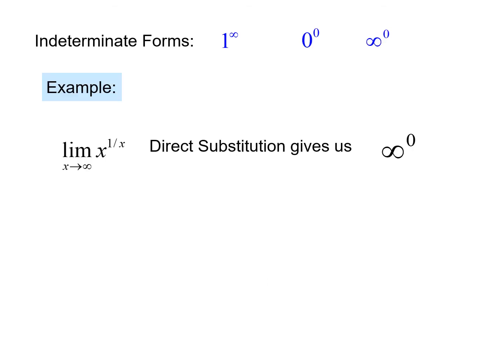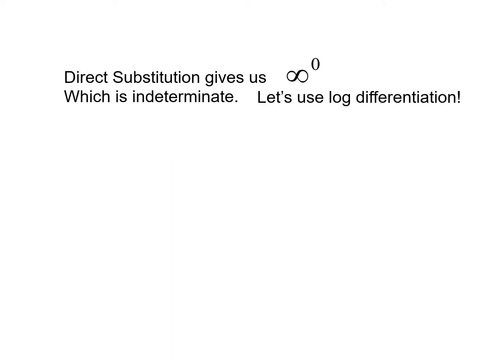Okay, so if we were to look at the limit as x approaches infinity of x to the 1 over x, if we do a direct substitution, we get infinity to the 0, which is one of our indeterminate forms. So how do I use this so that I can put it in the form of 0 over 0 or infinity over infinity?